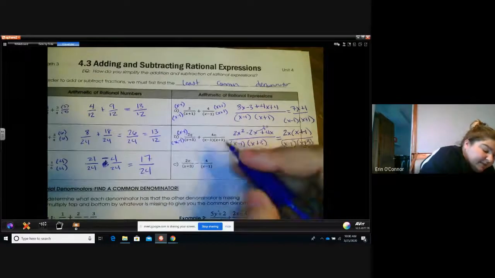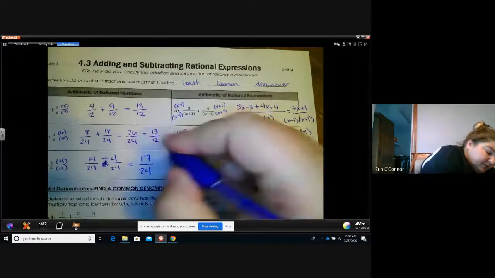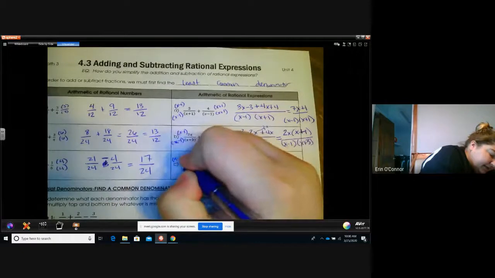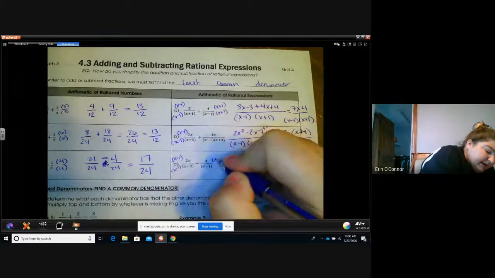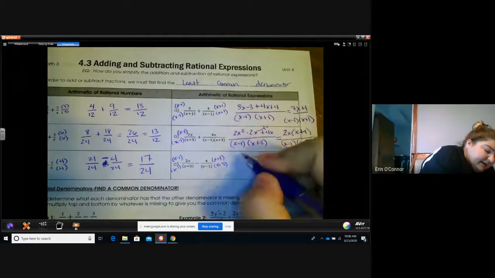And then for C, I have to multiply the left side by x minus 1 because that's the denominator of the other side, and multiply the right side by x plus 3 because that's the denominator of that side.